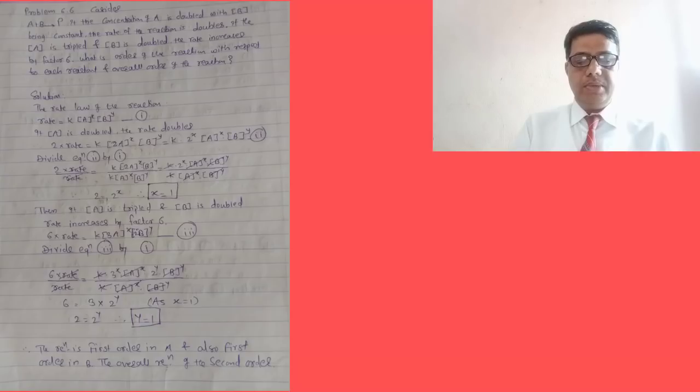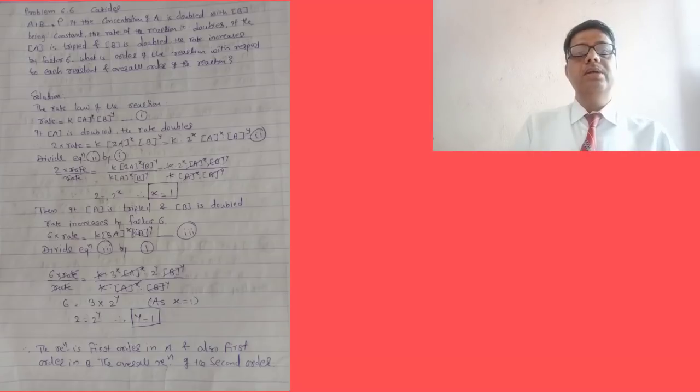We have to use mathematical laws here. Bases are the same, their powers are the same, so X is equal to 1. So we find the order, or power, for the reactant A.